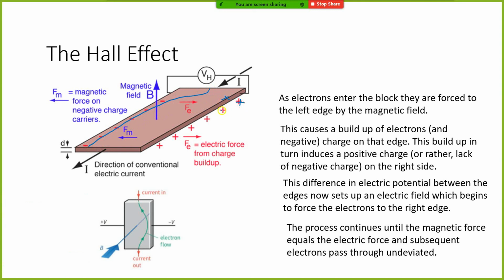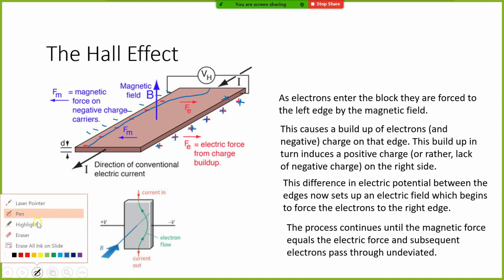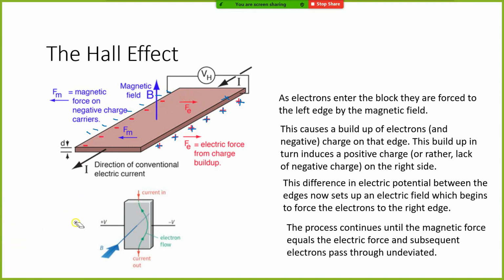Hence why you're seeing these positives on this side. So this side is positively charged, and this side is negatively charged. Whenever you have positive and negative charge being set up, you're essentially going to have an electric field being generated, right? So your electric field is moving from positive to negative.